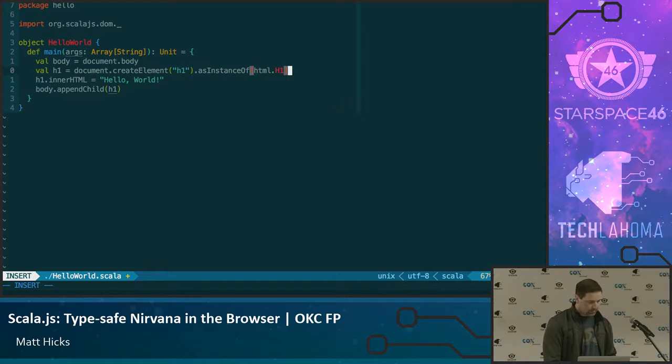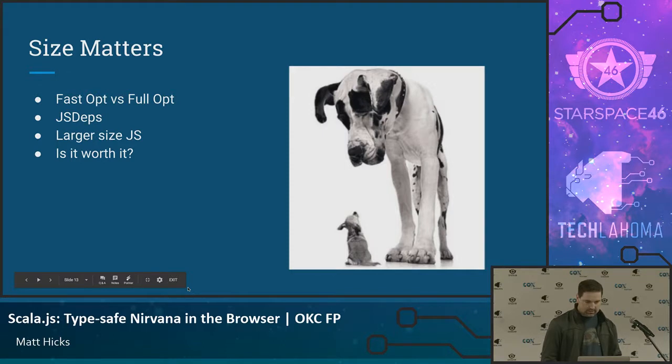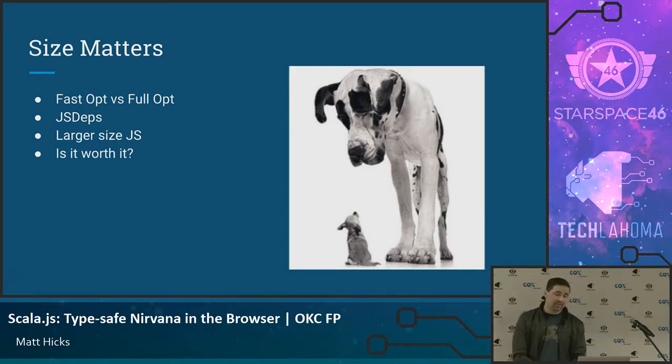Okay. Any questions before I move on? Okay, moving on. All right, size matters. Now, we already talked about fast opt versus full opt. The size difference is pretty big. I'm sure you'll realize that if I just created a straight JS file, it would be like 1K versus the 11K that the full opt was.